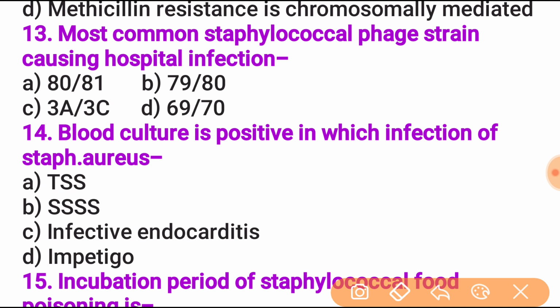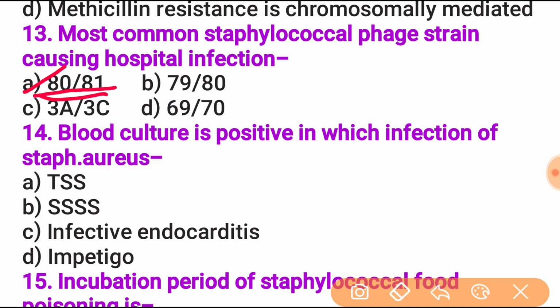The right answer is 80, 81. This is phage typing, so I will not detail that. You only have to remember that the phage strain for hospital infection is 80, 81.